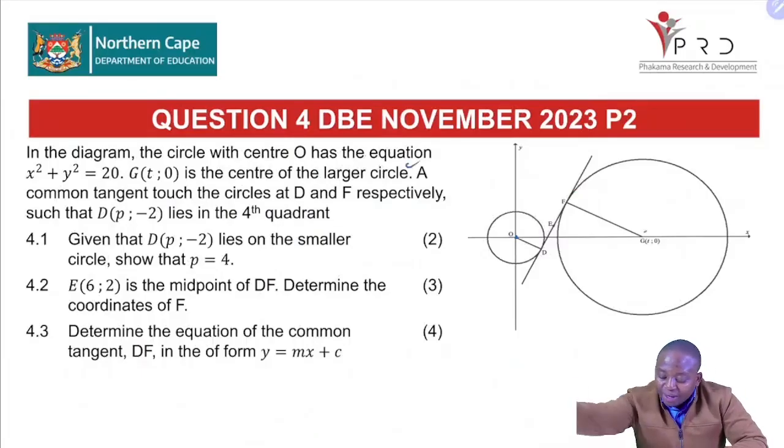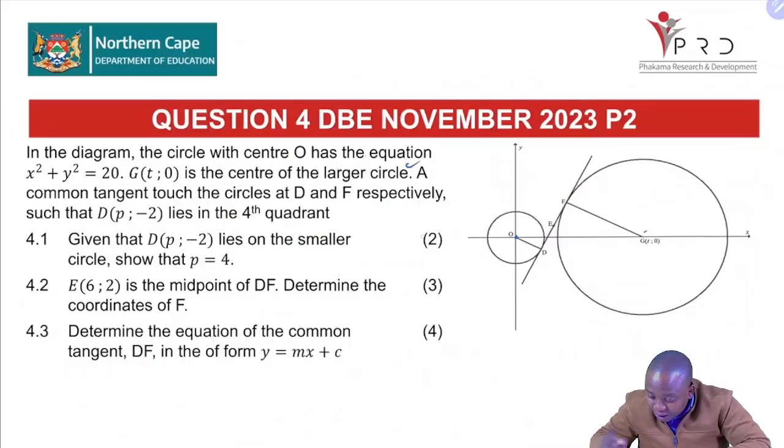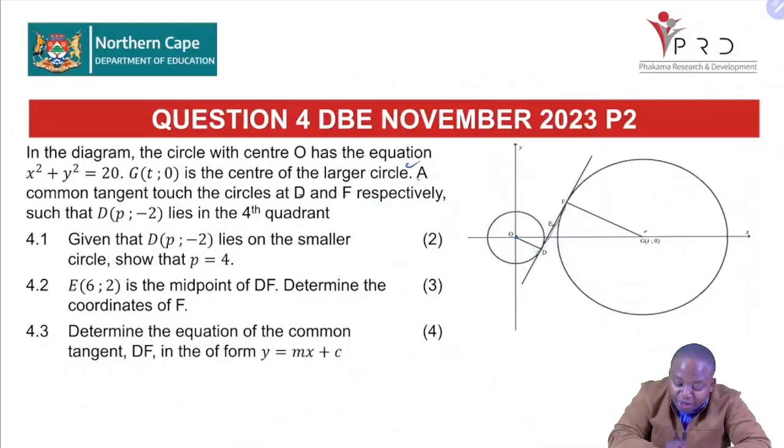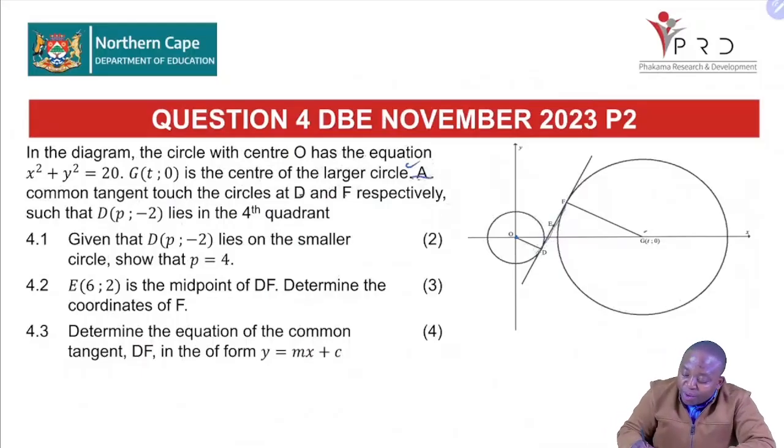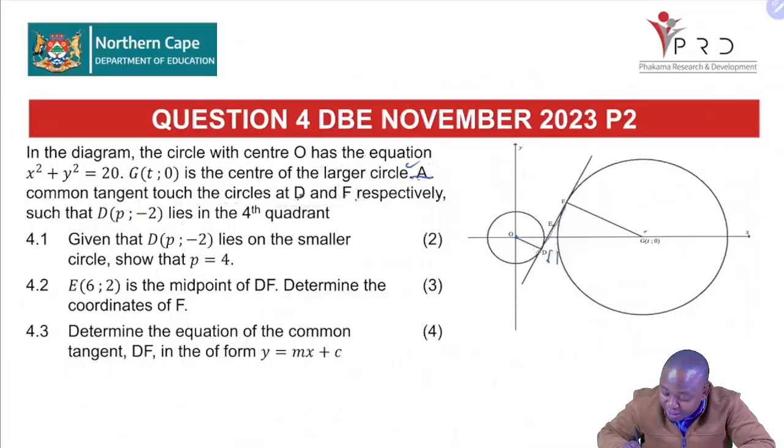And A is the common, our line, where is A? I think it's DF. So our DF must be that common tangent that touches at D and F respectively, such that we have the coordinates of D as (p, -2), which lies in the fourth quadrant, which is that D right there.